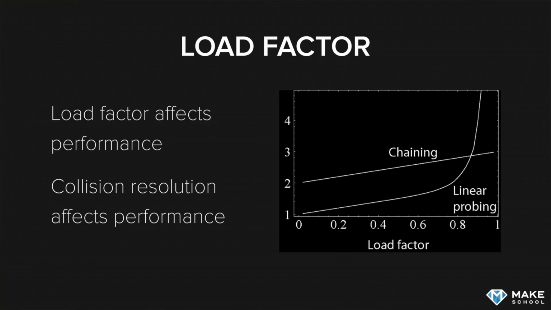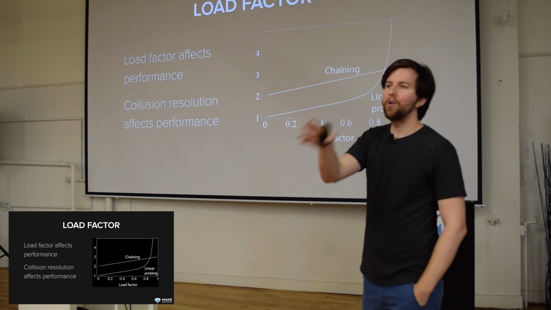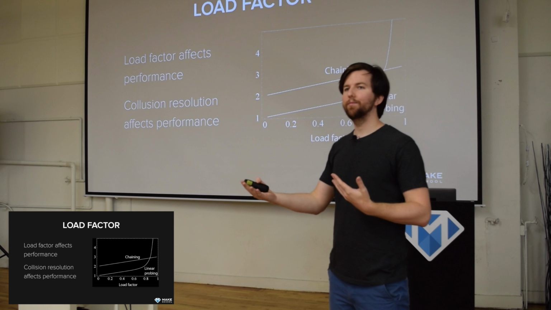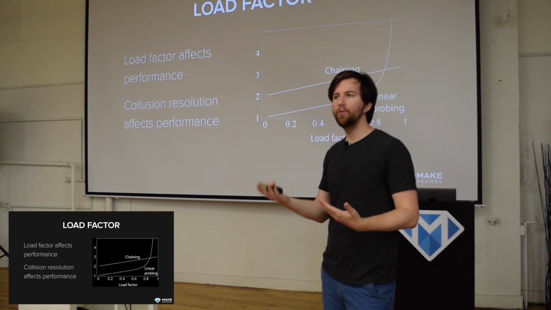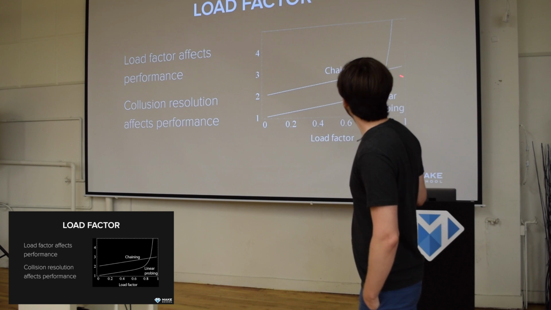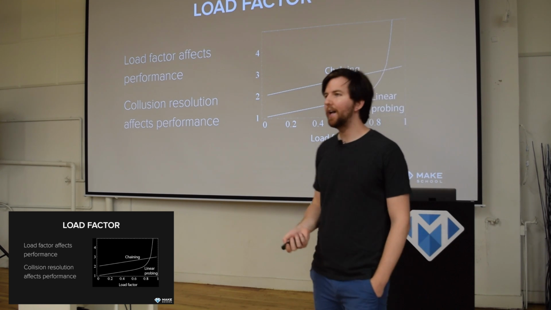So we can see chaining gets worse linearly. As the load factor increases, the performance of adding and removing elements with chaining decreases linearly, but it never reaches the point where it's impossible to add items.